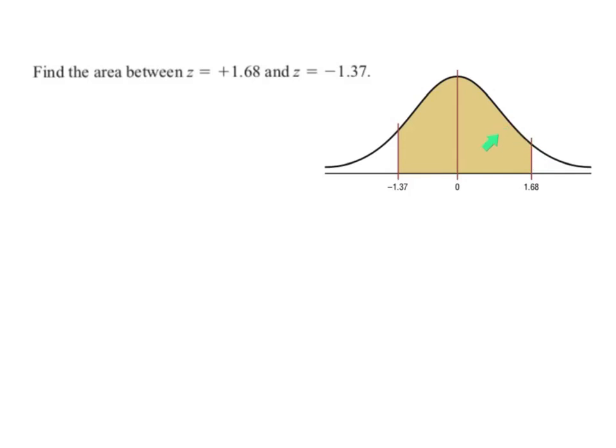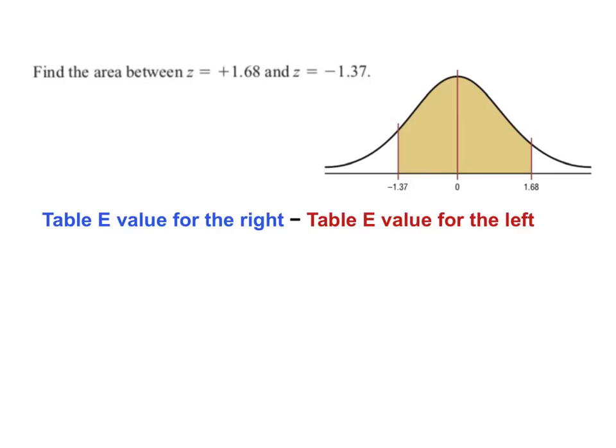So I take all of it to the left and subtract off this area, and that's how I end up with this. So the table E value here minus the table E value here will give me the area in between. Go ahead and give that a shot. Table E value for the right minus the table E value for the left, and what I mean is the right Z value and the left Z value.